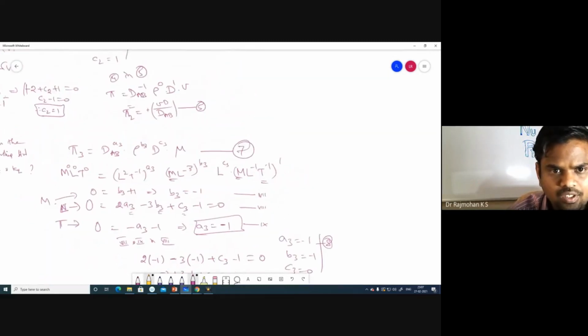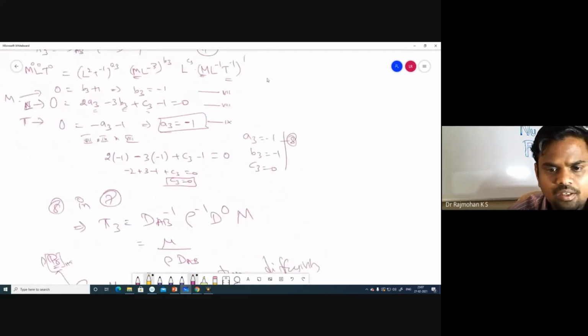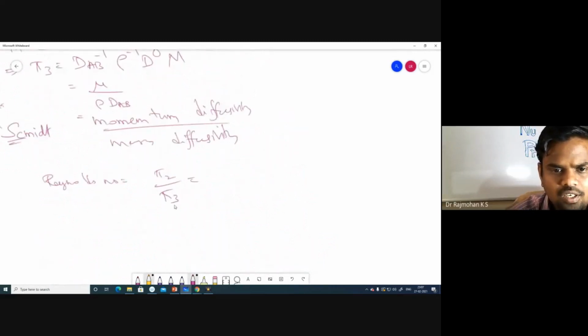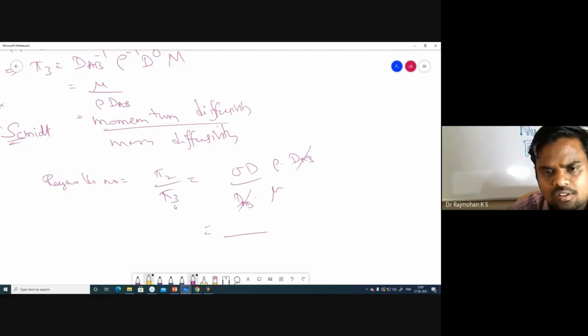So the pi group we got is VD by DAB, right? And what is pi 3? Divide by pi 3, which is mu by rho DAB. So DAB gets cancelled, and what we get is rho VD by mu, which is nothing but the Reynolds number.